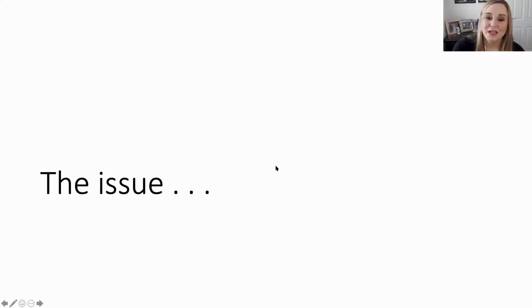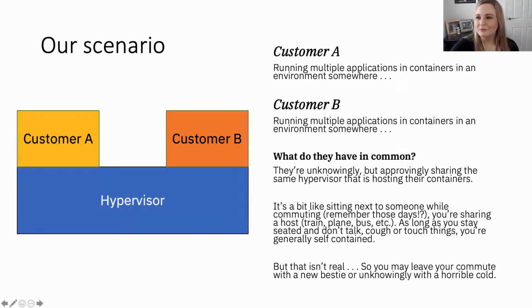All right, so let's take a look at the issue. I created a little scenario for us. In this scenario, we're looking at a cloud, or at least a shared system. So we've got customer A. They're running, let's say, 5 containers, doesn't really matter, but they're running some number of applications in containers in an environment, and they're running on top of a hypervisor.